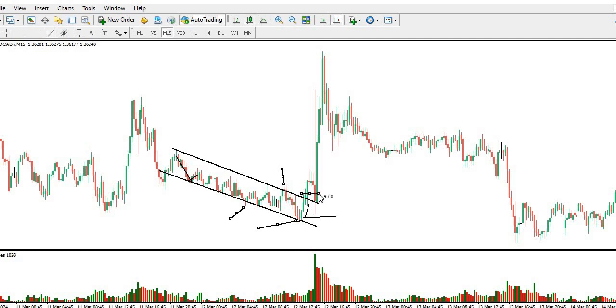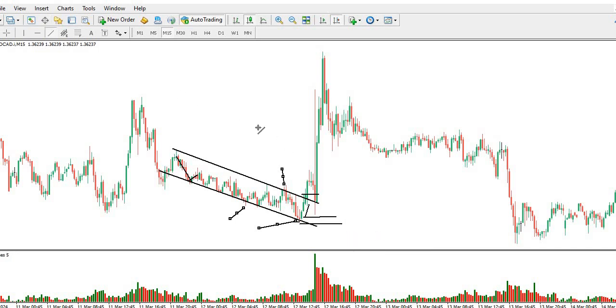That is the first step in trading this channel. Secondly, we will place our stop loss below the recent low, the most recent low the market has formed during the formation of this channel.